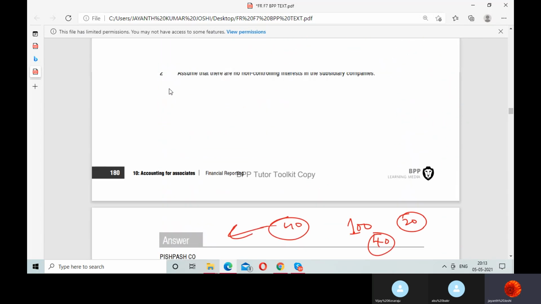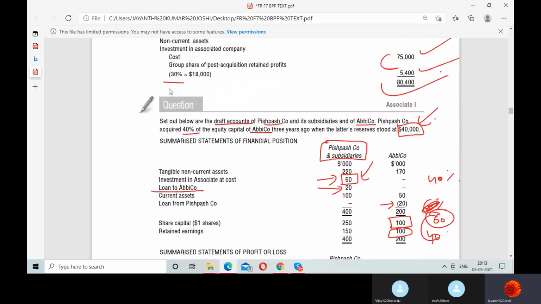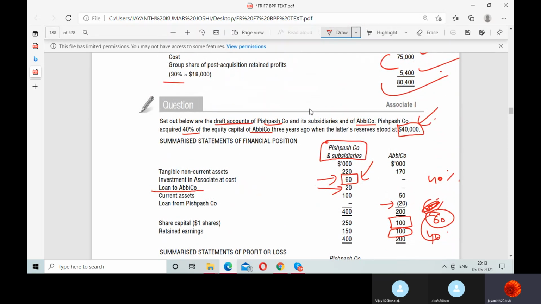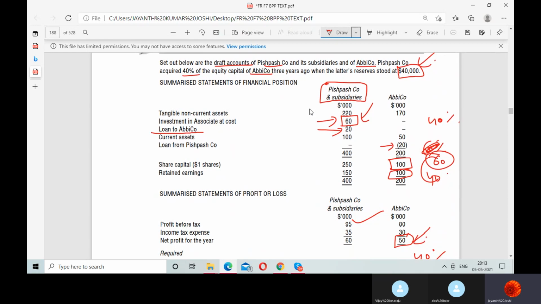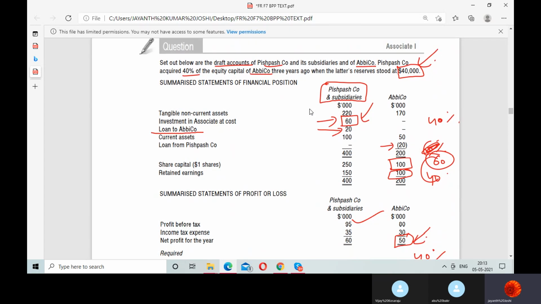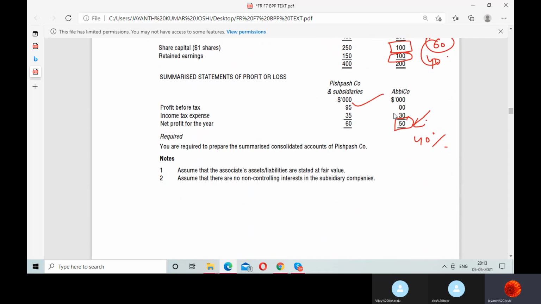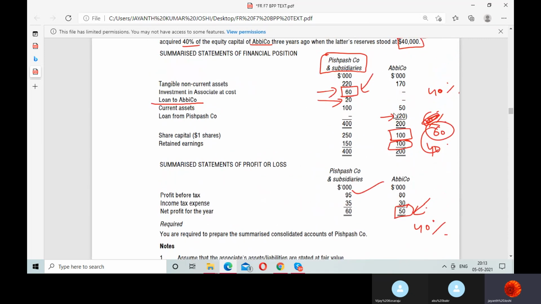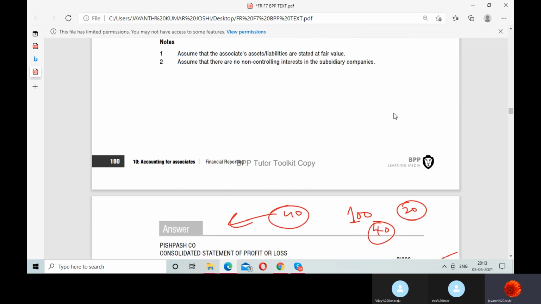Because they did not give any information regarding anything like dividends, I'm not seeing anything here. No dividends. So from retained earnings, this profit of 50 would go into the retained earnings only, and then it would be seen what was the pre, and the post has to be apportioned, that we have done here.